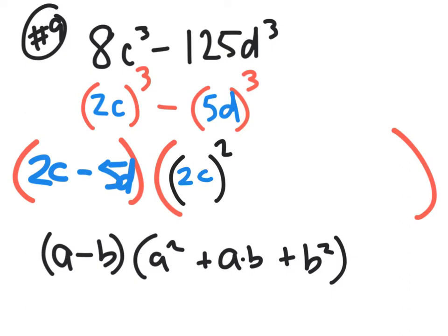And now, again, let's use parentheses for the plus A times B. Let's just do that with parentheses. And, of course, we're going to have a 2C times a 5D. That's ugly. I apologize.